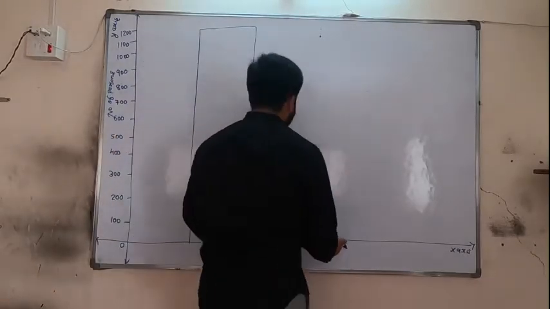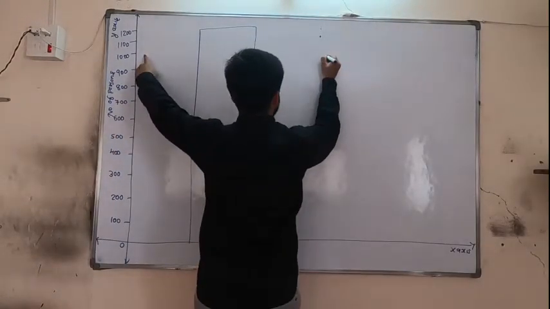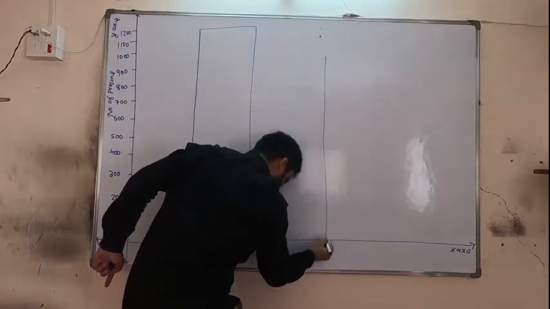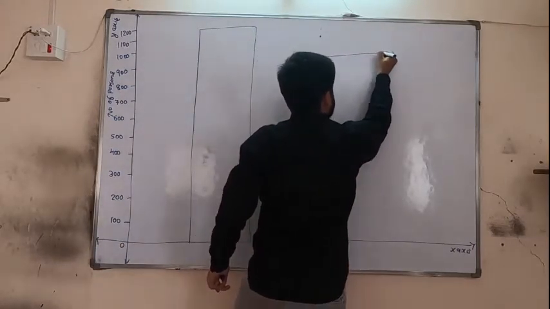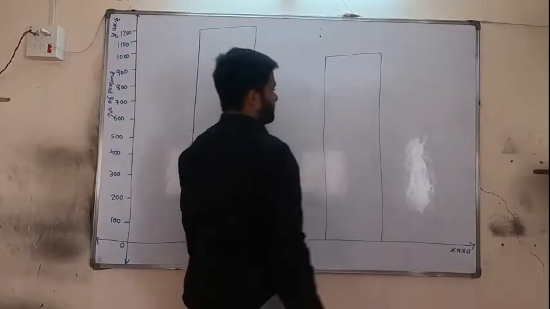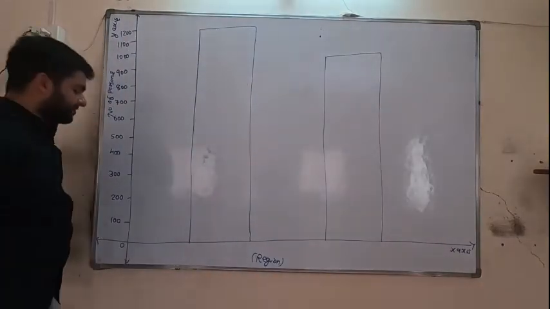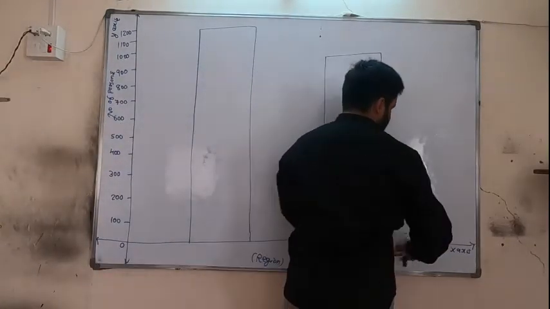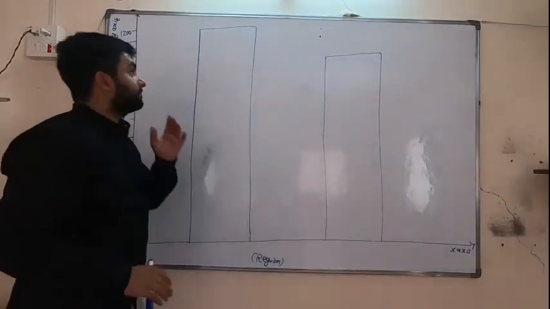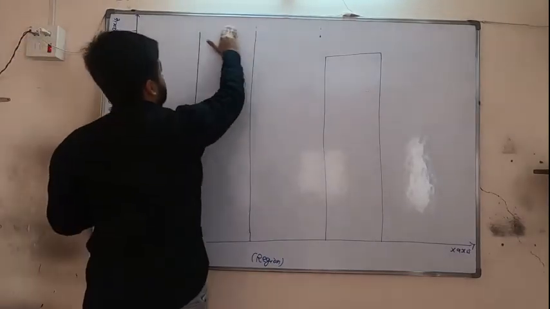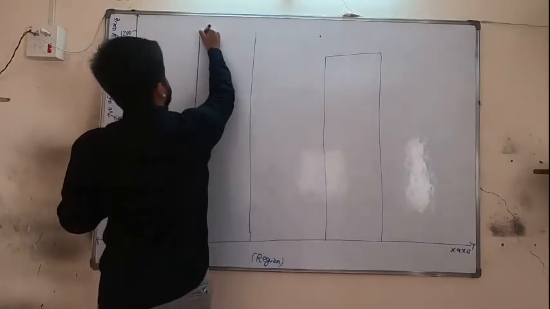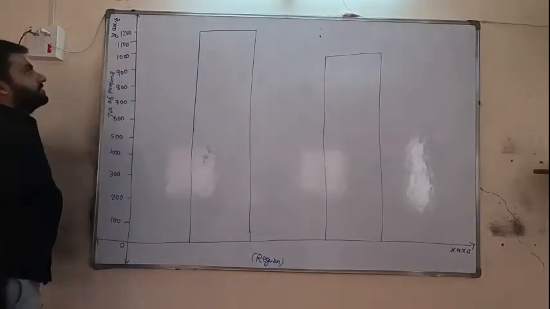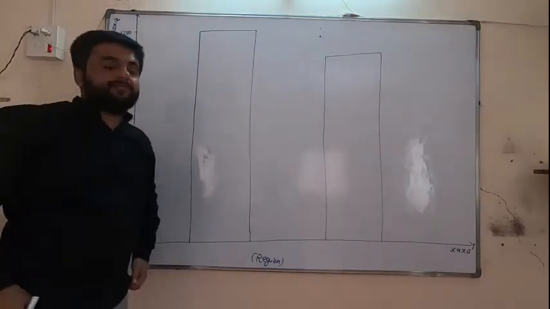Again leave 3 boxes and again draw a bar of 1000 because region B is of 1000. As I am daily sending samples of the graphs, you can look at those also if you are getting confused. 3 boxes here, 3 boxes here, 3 boxes left will be there. Okay, a little bit straight. This is 1200. Okay, 1200 is somewhat new because I need space to write the headings also.